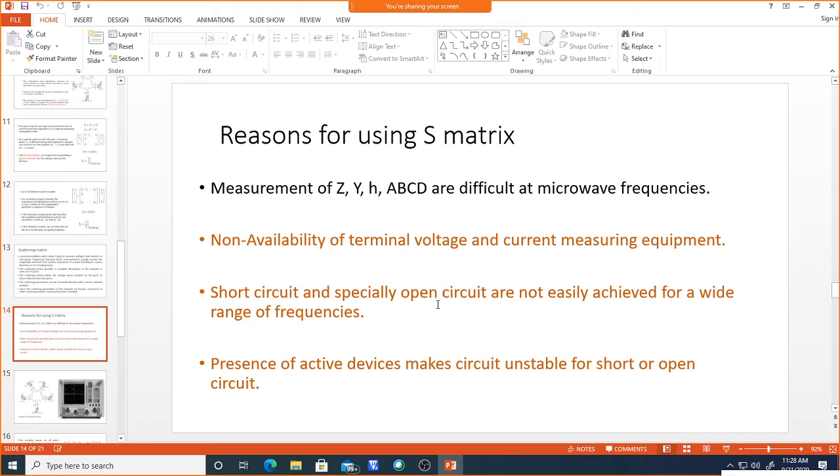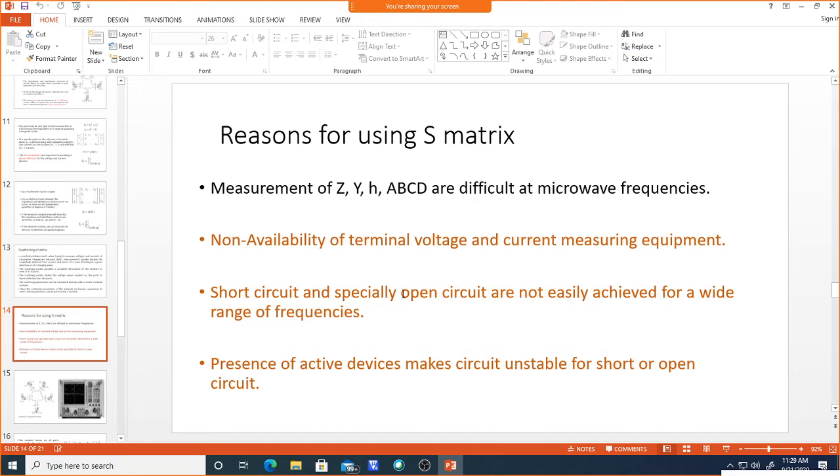Because of that radiation we cannot achieve satisfactory performance, so great care needs to be taken at higher frequencies. And for a network operating over a wide frequency range, the open circuit is always a problem due to the radiation effect.